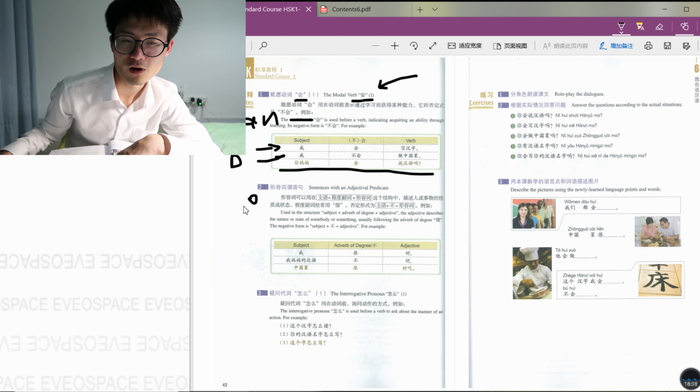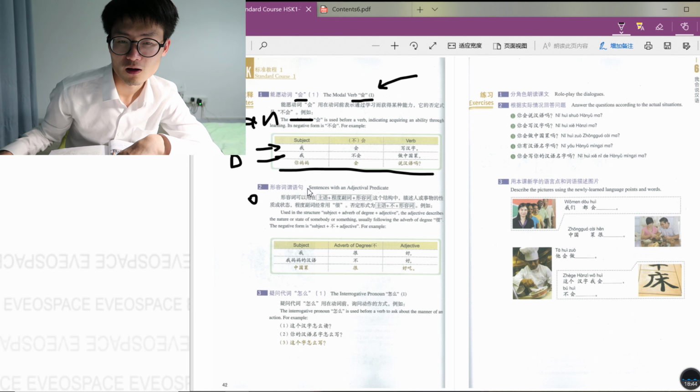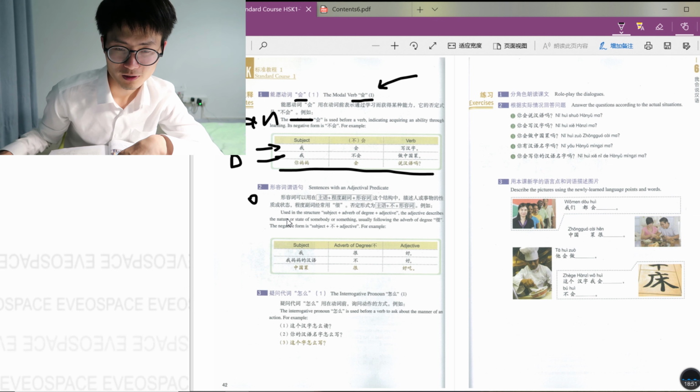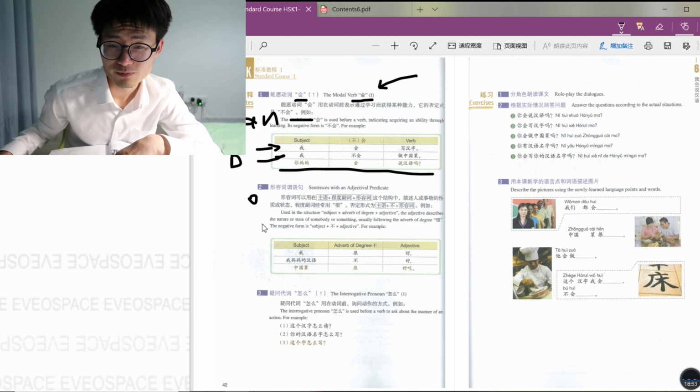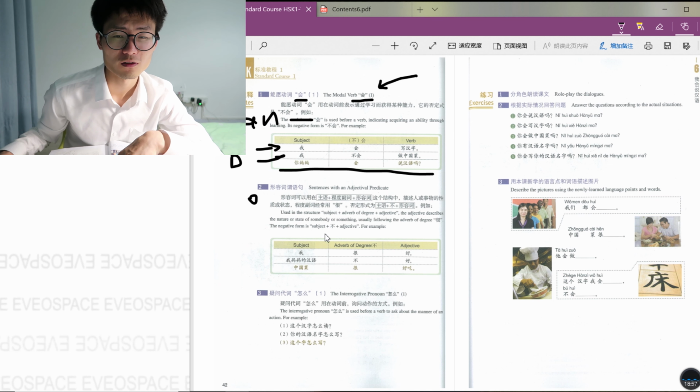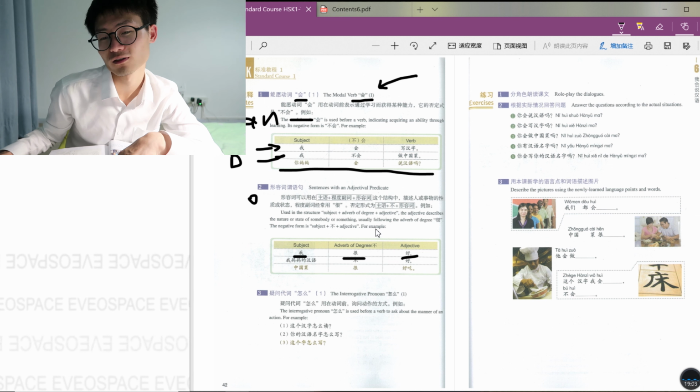Okay, let's move on to note 2. Sentences with adjectival predicate. So basically it has no verb here, so they just have the adverb, the adjective and the subject.